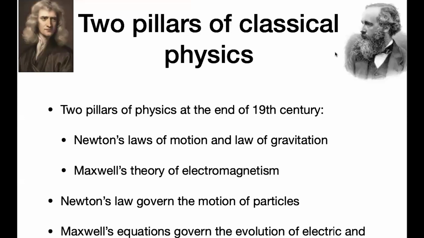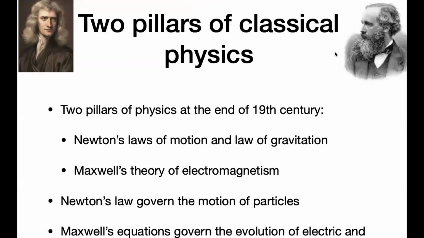Before the revolutions that give us quantum mechanics, classical physics can be thought of as a building built on 2 pillars. One is classical mechanics that is summarized in Newton's law of motion and Newton's law of gravitation. And the second pillar is the theory of electromagnetism that is summarized in 4 Maxwell's equations.